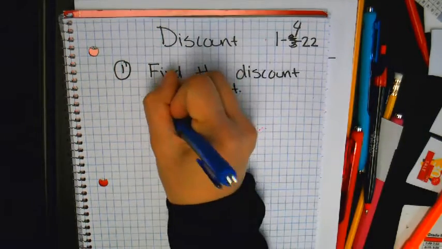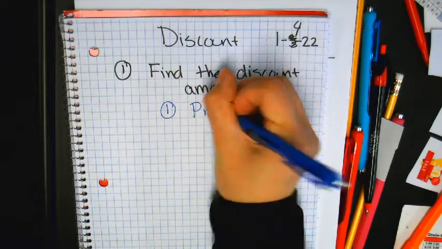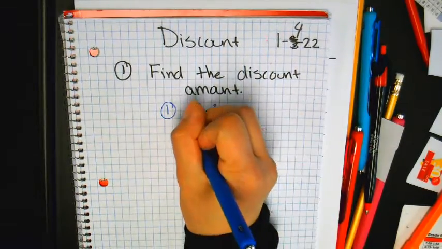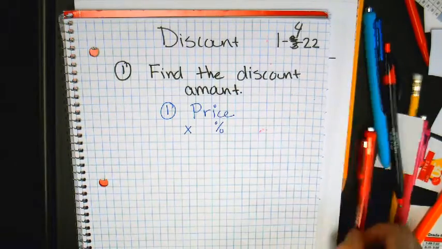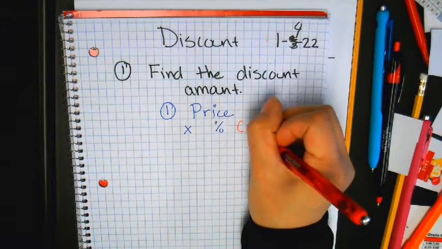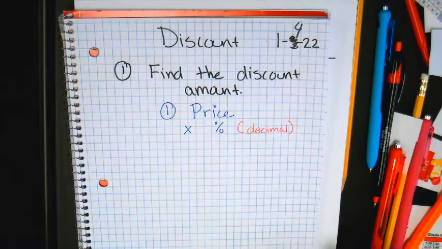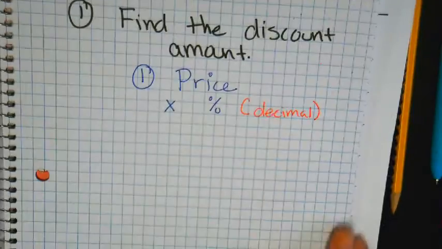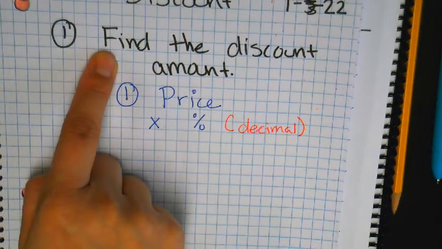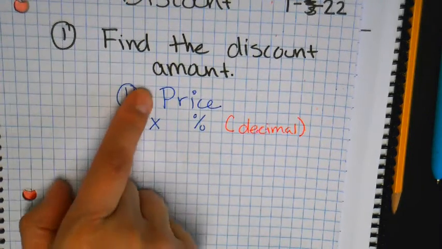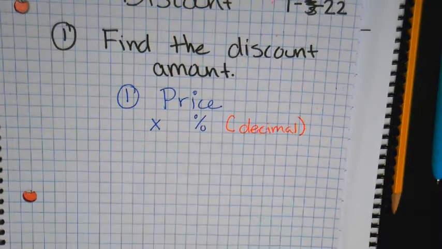You're going to take your price and you're going to multiply it by your percent. But your percent has to be written as a decimal. So, the first step is to find the discount amount. How do I do that? I take my price and I multiply it by my percent written as a decimal.